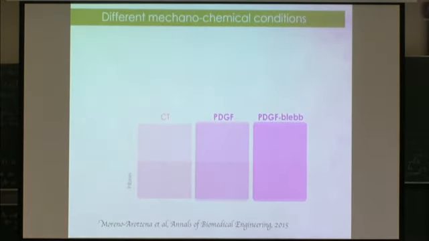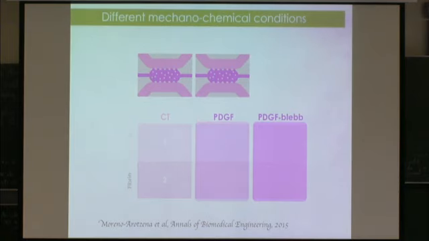And we are going to study the following cases: control, where we put the cells inside; then cells with platelet-derived growth factor incorporated in one channel; and later we add blebbistatin in order to know the role of myosin.